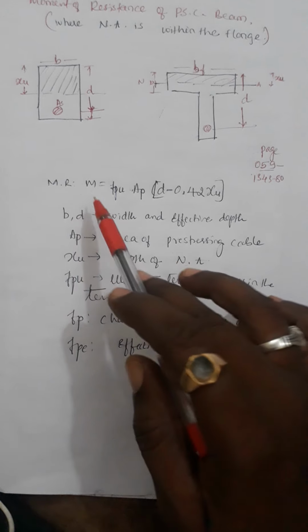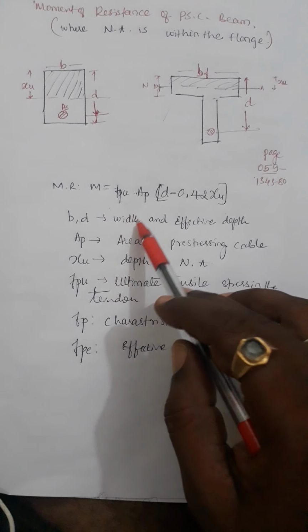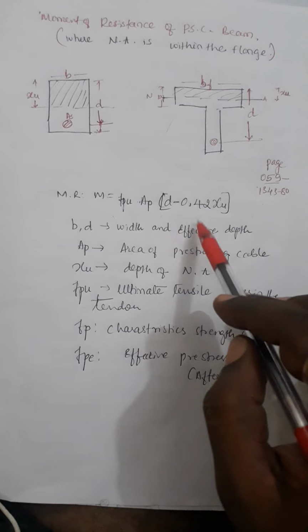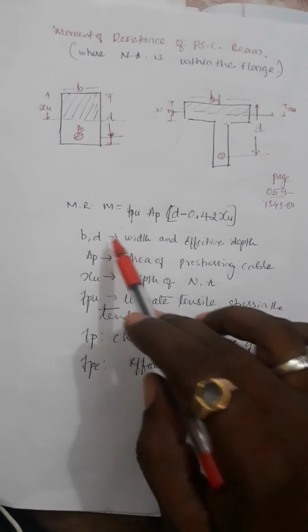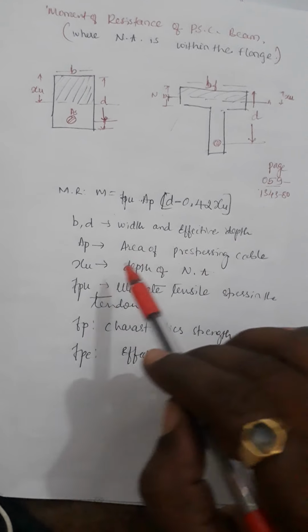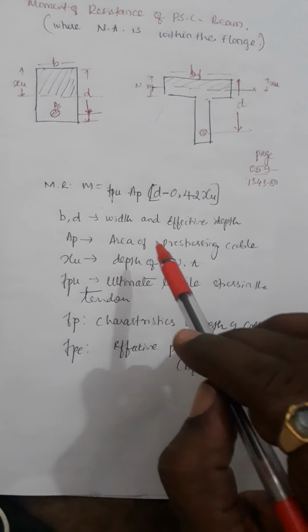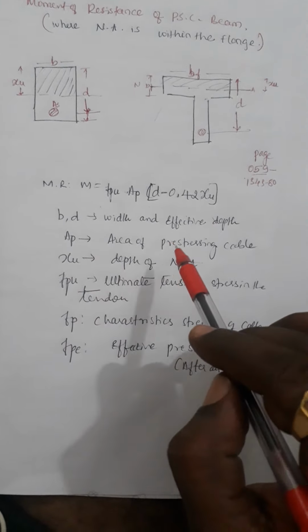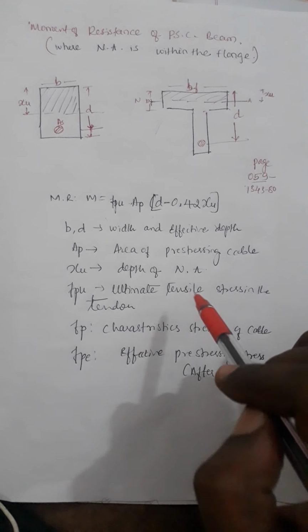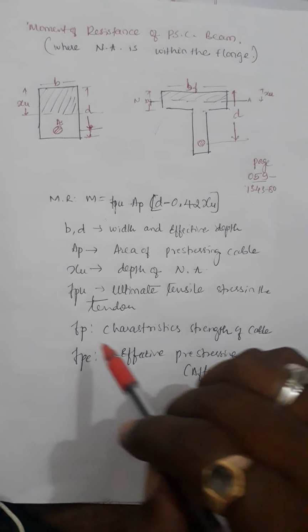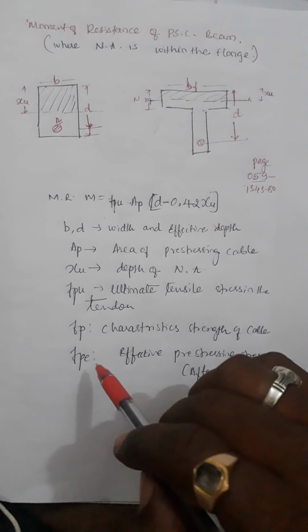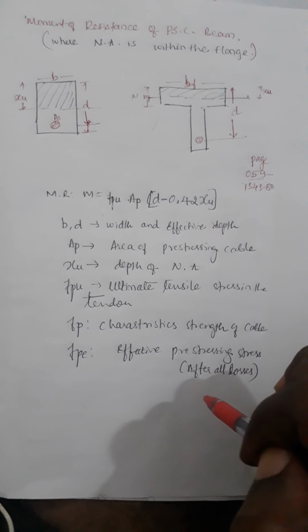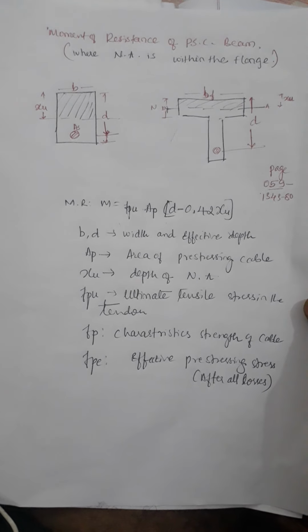So the moment of resistance is given by FPU into AP into (D minus 0.42 XU), where B is the width, D is the effective depth, AP is the area of pre-stressing cable, XU is the depth of the neutral axis, FPU is the ultimate tensile stress in the tendon, FP is the characteristic strength of the cable, and FPE is the effective pre-stressing stress after all losses.